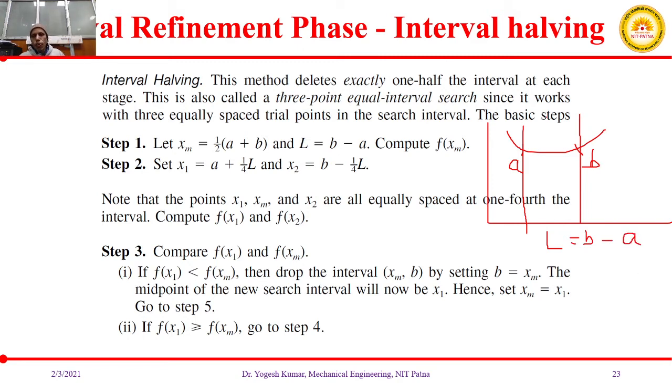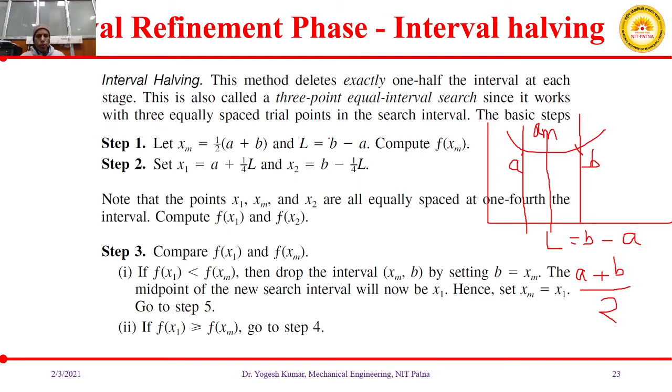Now we have to identify 3 points. First point you can say is (a plus b) divided by 2, the average of these two values. This may be called xm.